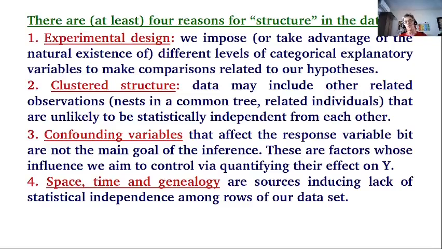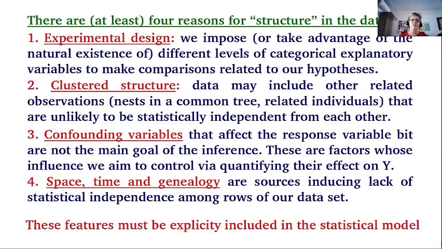So these are sources that induce lack of independence among the rows, among the sampling units in our datasets. All these features, all these reasons for structuring the data, must be explicitly included in the statistical model.